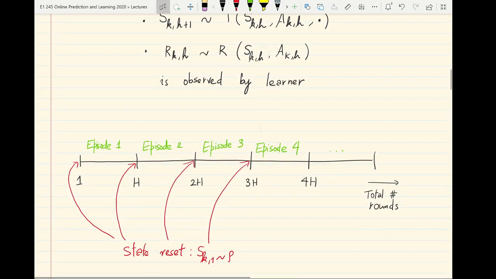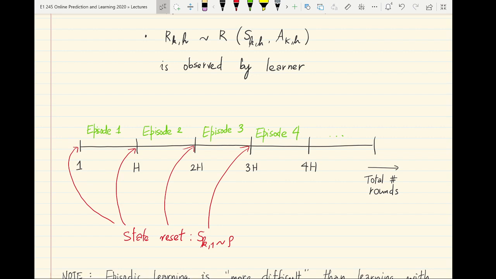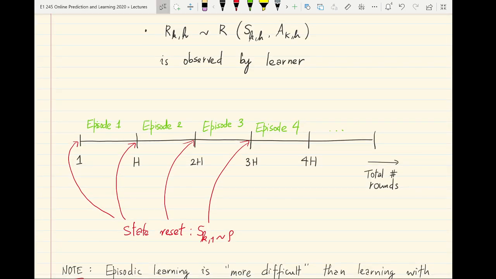So, here is a pictorial description of the episodic learning framework. So here the horizontal axis is time steps or rounds, and this is the first episode. Okay, so within this are H time steps. At the end of this first episode, the state resets itself, and then the second episode begins.